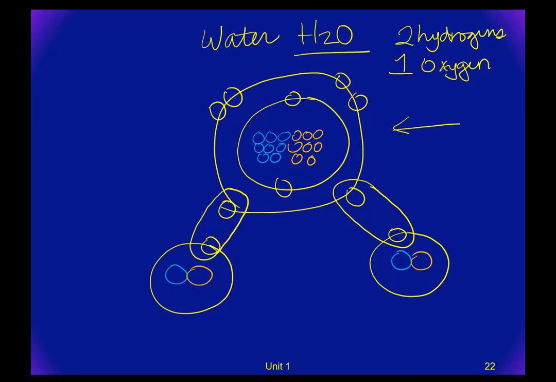So think about this for a second. Who is pulling on the electrons? What is the opposite charge of an electron? An electron is negative, so who's pulling? The protons are, right? Because the protons are positive. How many protons do I have up here with my oxygen?